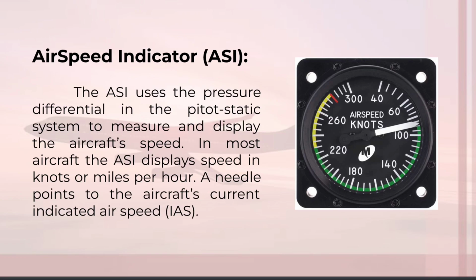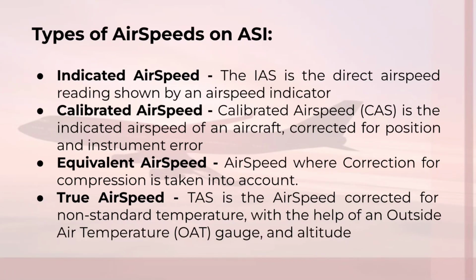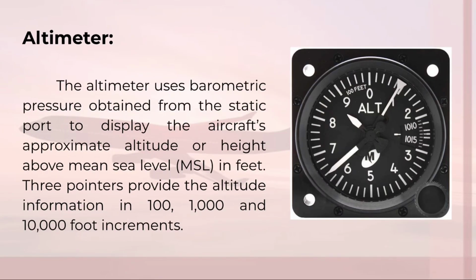Standard color-coded markings provide various critical speed information for that model of aircraft, including stall, flap setting, normal operating, caution and never exceed speeds. There are different types of airspeeds on the airspeed indicator, such as indicated airspeed, calibrated airspeed, equivalent airspeed, true airspeed.